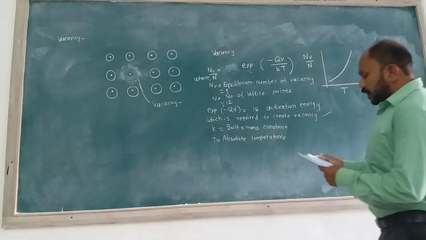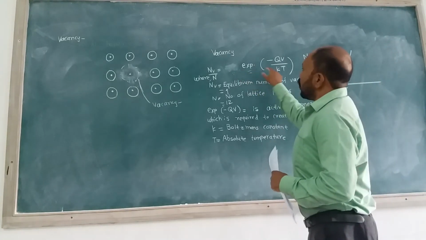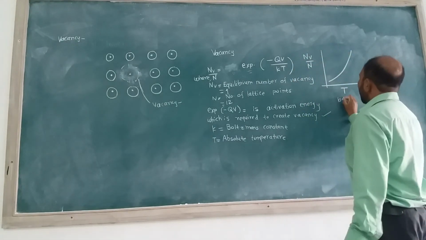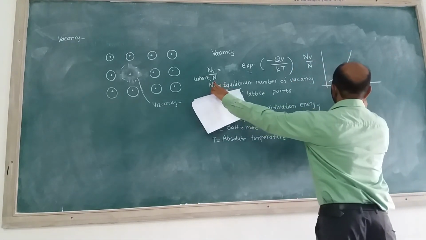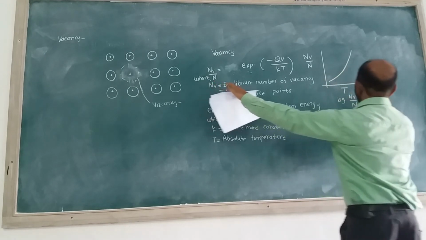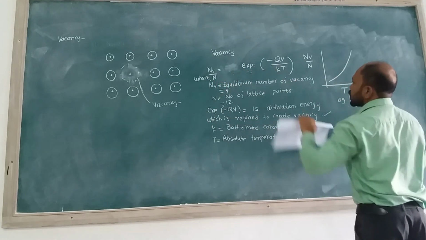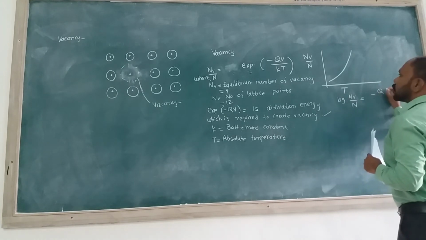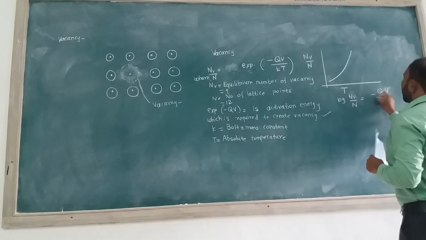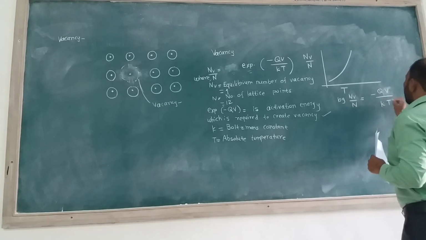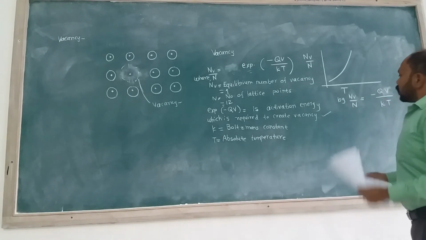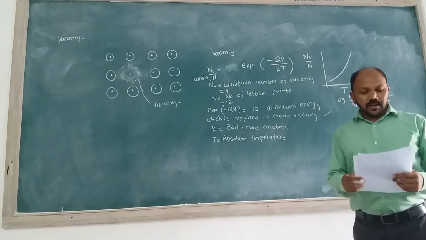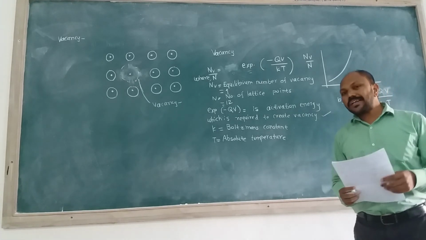Now if we take the log of this equation, the log of NV upon N is equal to, taking the log of the exponential term, minus Q_V divided by K times T. Now this equation is like the equation of a straight line.